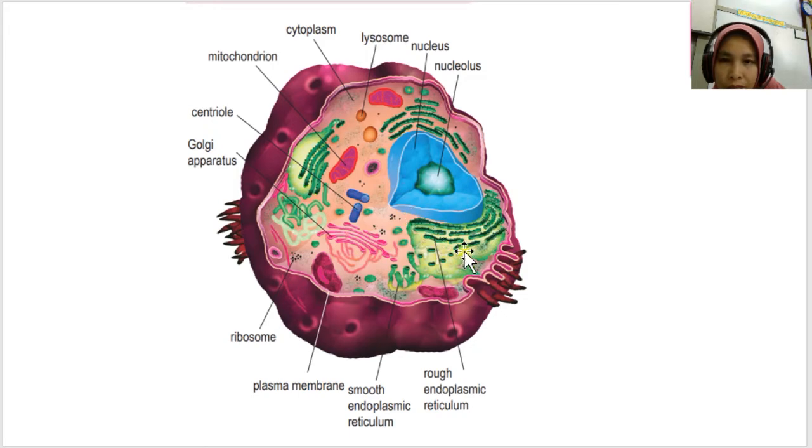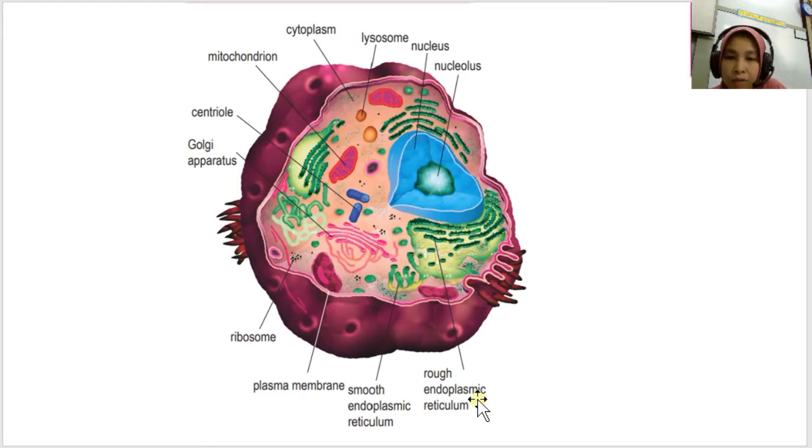Outside of the nucleus, the whole thing here refers to the rough endoplasmic reticulum. Try to pronounce it and spell it correctly.